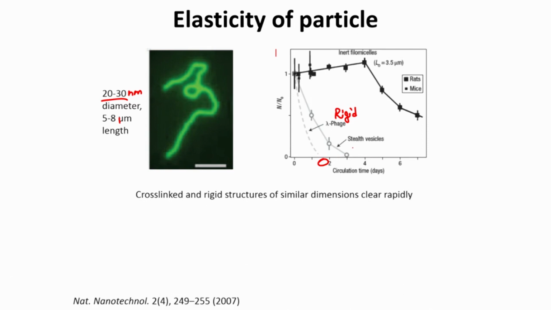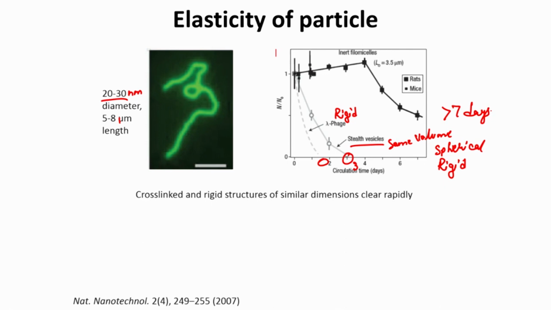If you use stealth vesicles which are of the same volume, but they are spherical and are rigid, you see even then you can maximum get it to 3 days, but when they use these phylomicelles, they have been able to circulate for longer than 7 days. This is greater than 7 days.